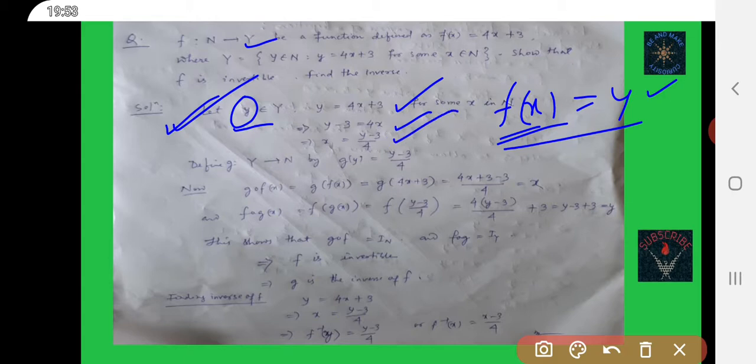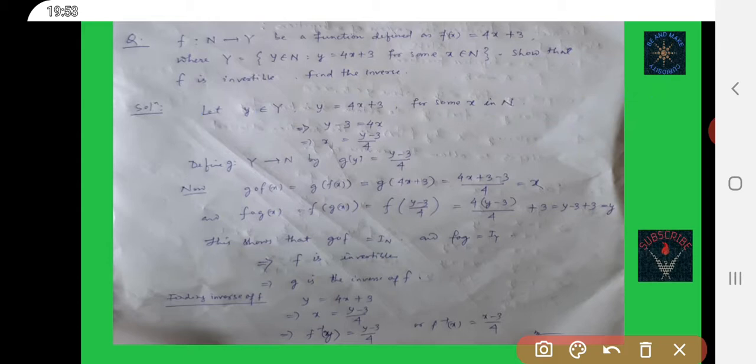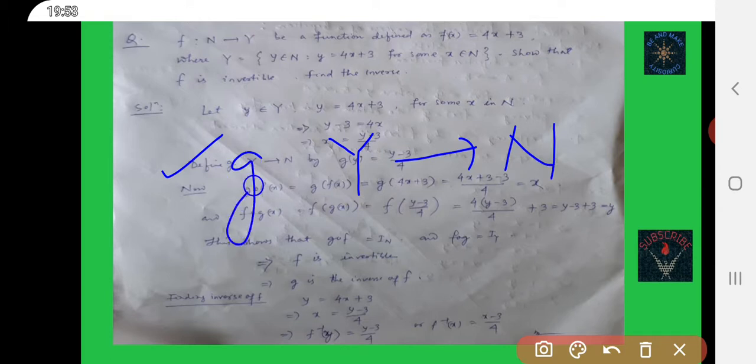Okay, now you first define a function which is mapping from Y to N. Let it be g function.